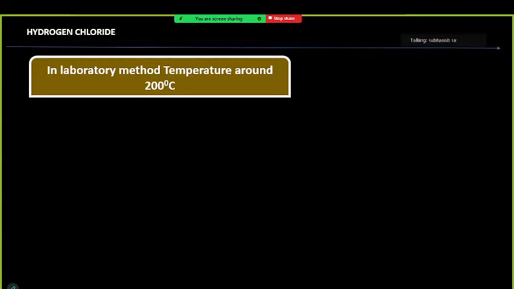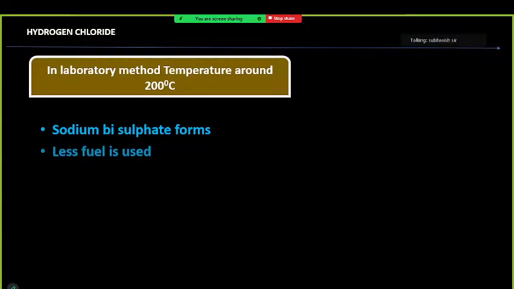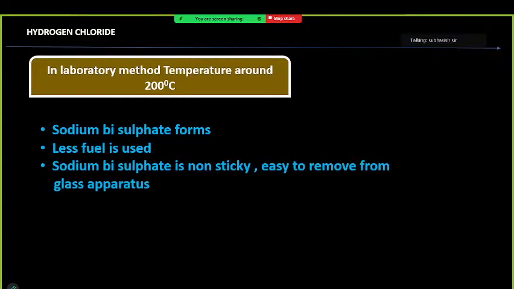And the next important thing, as we already mentioned, is that the temperature should be kept around 200 degrees Celsius. At this temperature, sodium bisulfate, NaHSO4, is formed. If you maintain a lower temperature, the fuel cost is lower, and the sodium bisulfate is non-sticky, so it can easily be removed from the glass apparatus.